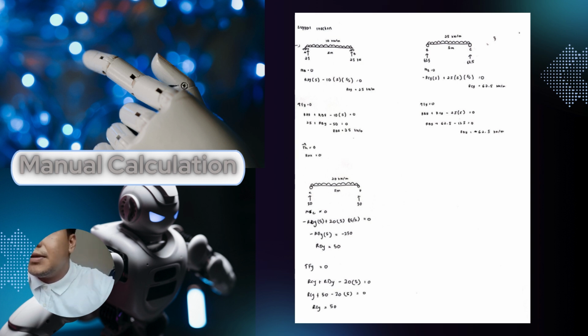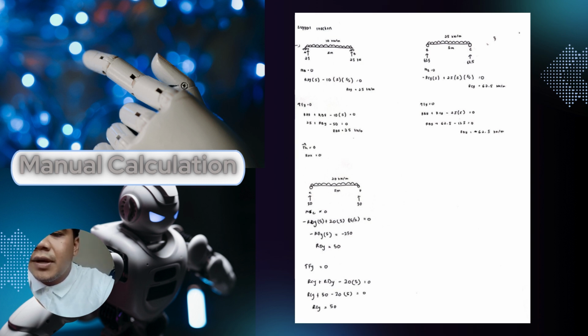And then because this support have 3, so we need to calculate Fx. So Fx equal to 0. And then for second loading, we have 25 kilonewton per metre. So we calculate moment equal to 0. We minus RCY times 5 plus 25, we multiply with 5 and then 5 over 2 equal to 0.